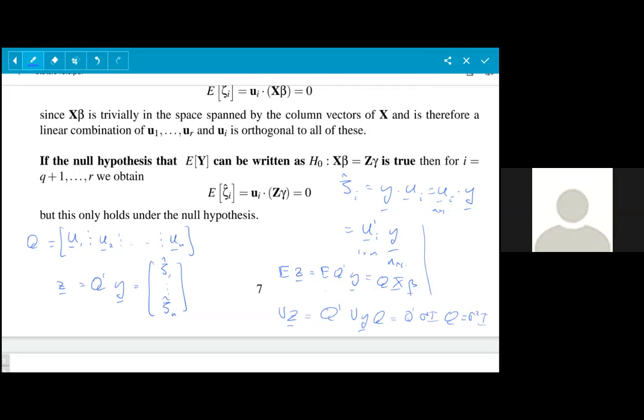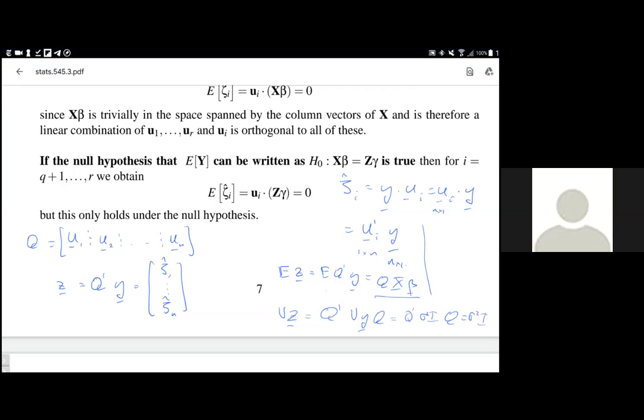So the z's are uncorrelated, and they have expected value Q times X beta.